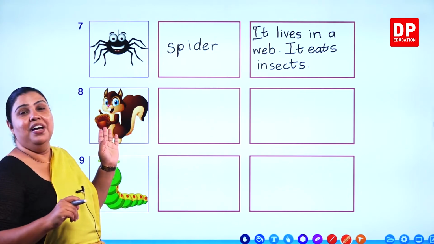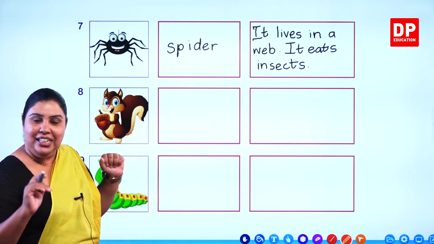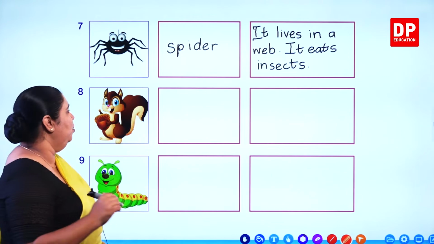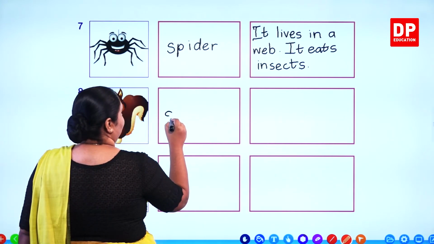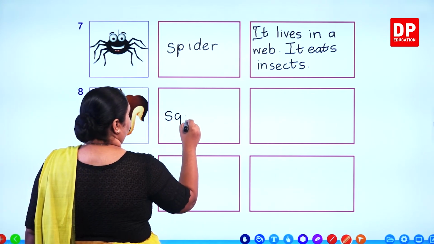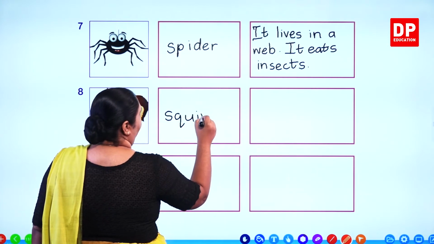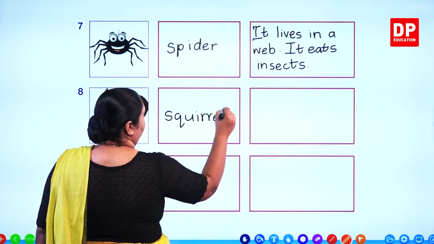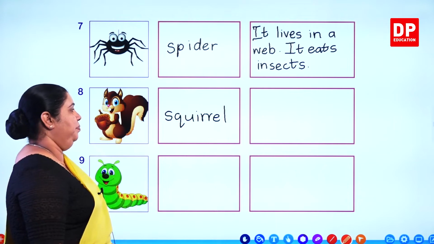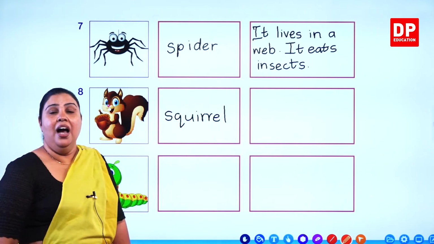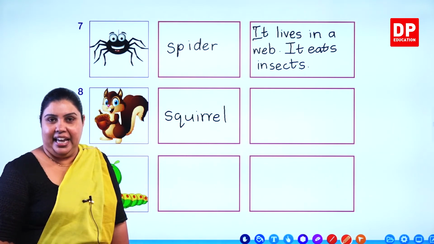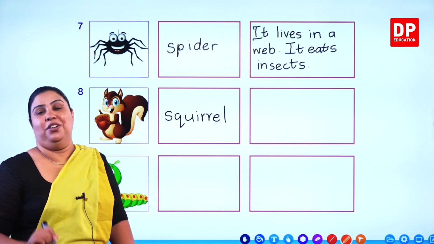Then we have our little squirrel. Squirrel. How do we write the word squirrel? S-Q-U-I-R-R-E-L. Squirrel. S-Q-U-I-R-R-E-L. Now, what is the description of the squirrel?